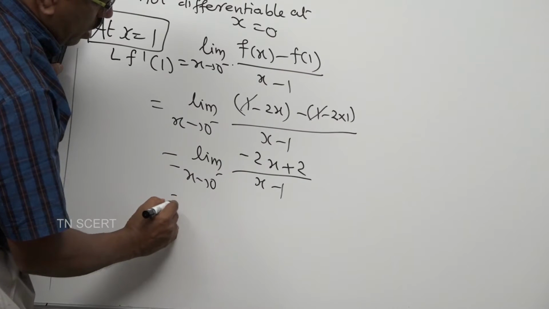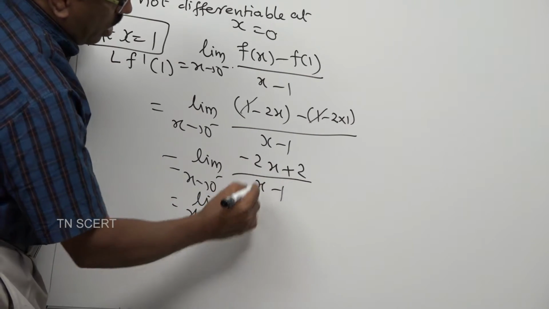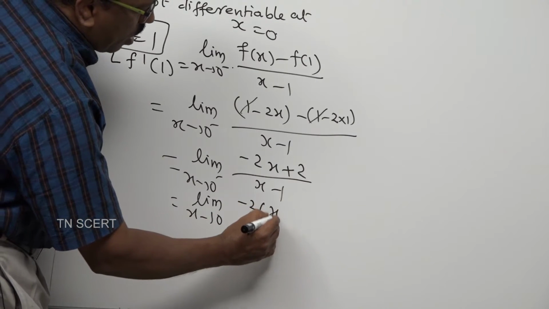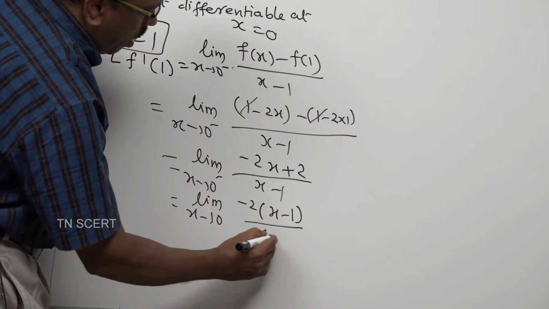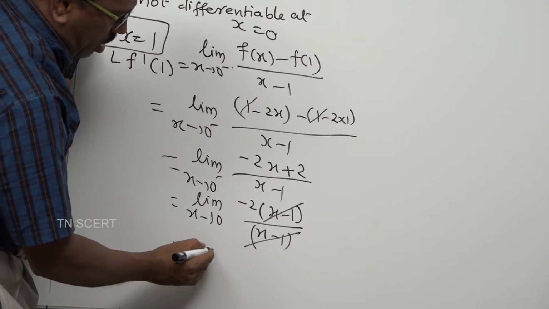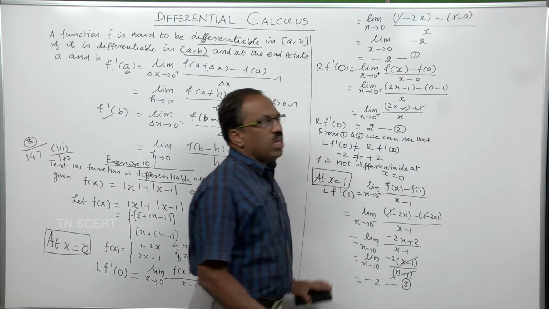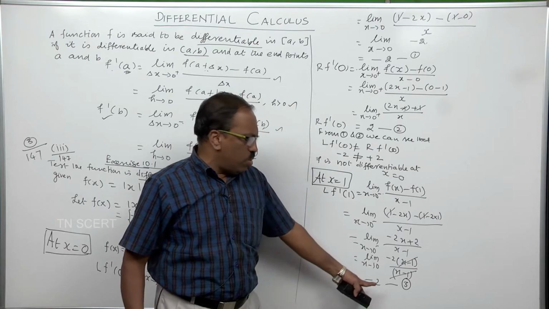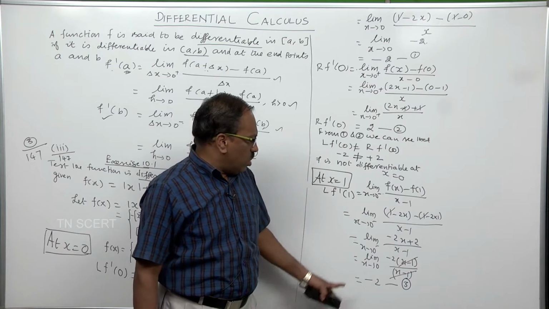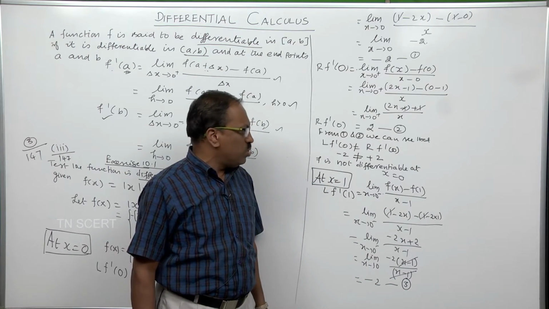If I take minus 2 common, it is x minus 1 by x minus 1. Cancelling these two, I am getting the value minus 2. This is result 3. So, for the left limit at 1, I got the value minus 2.